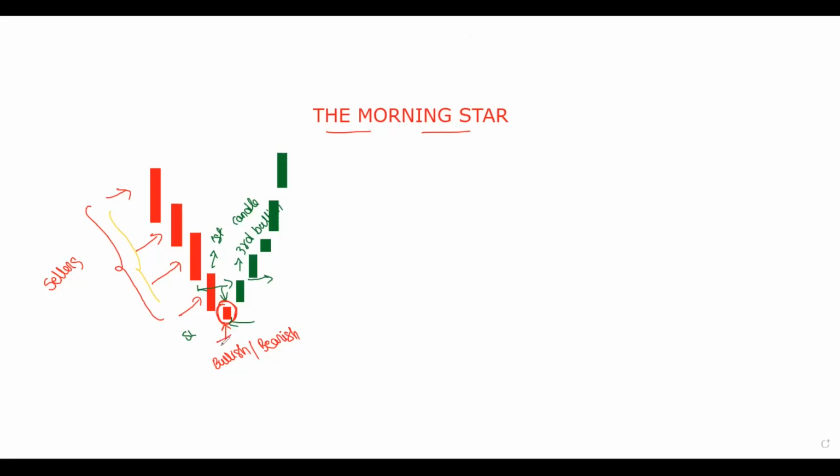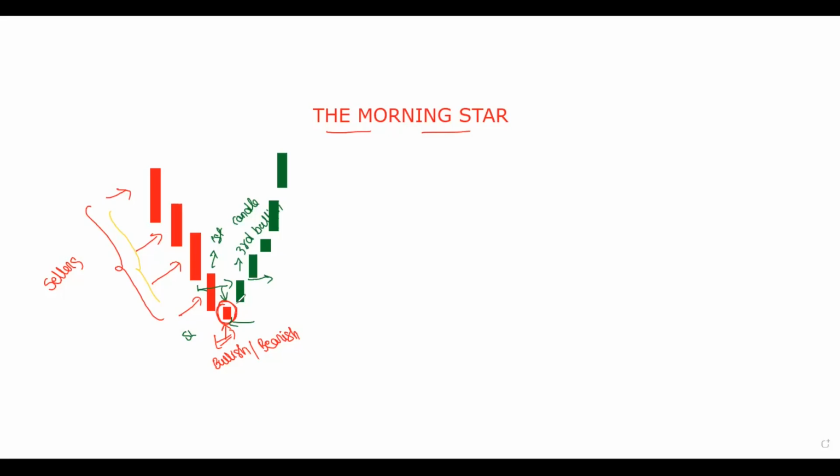Coming to here, slowly the sellers are losing their momentum. When sellers are losing their momentum, the buyers gain momentum and the trend is reversed. So it occurs at the bottom of a downtrend. Whenever you see this pattern at the end of a downtrend, you should interpret that a powerful uptrend is coming.